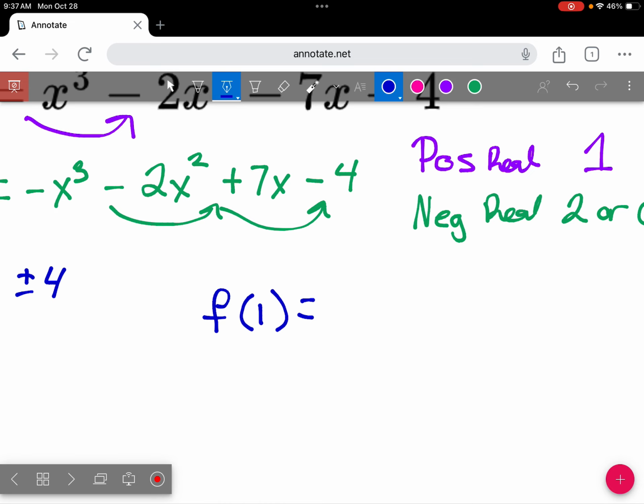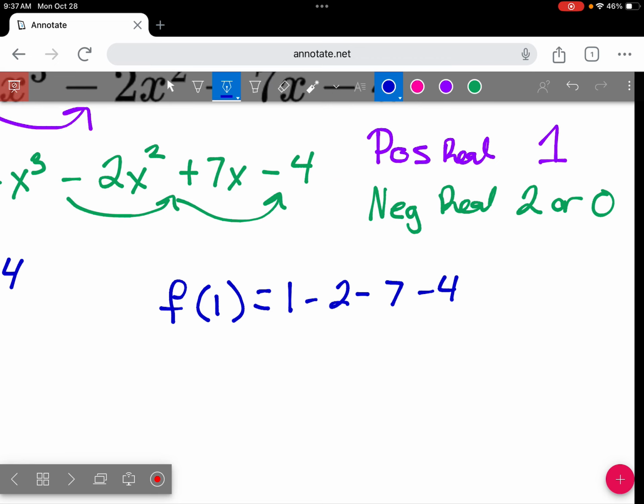Well, if we put in 1, we'd have 1 minus 2 times 1, which is 2, minus 7 times 1, which is 7, minus 4. Negative 12. So is 1 a root? No.